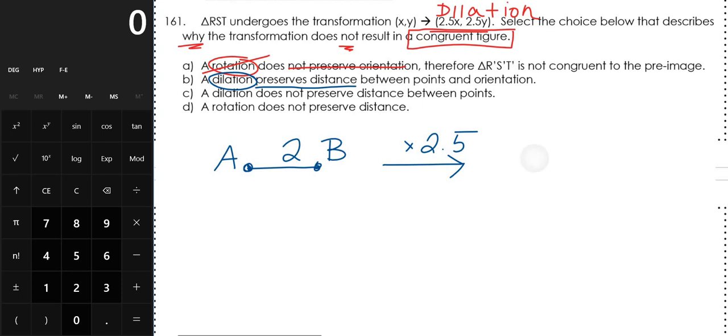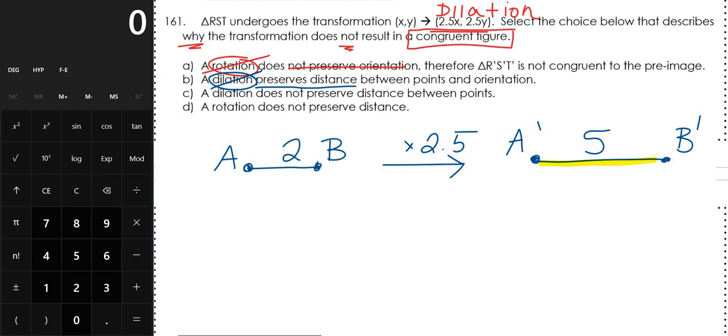So now your new figure is going to be 5 units long. The distance between these 2 points has changed. It's not preserved. So this is incorrect. A dilation does not preserve distance between the points. That's exactly what a dilation does. It changes the distance between 2 points. So we're going to say no to the second choice.